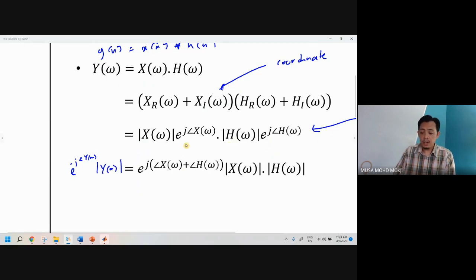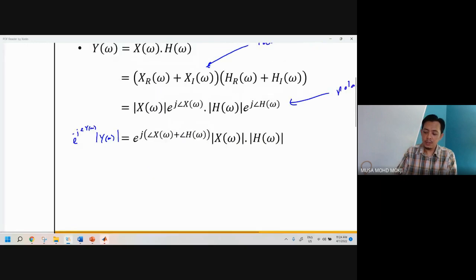Because this is a multiplication, magnitude multiplies with magnitude, it is still a multiplication. But the exponents, the phases, become a summation. So this is what we can conclude.